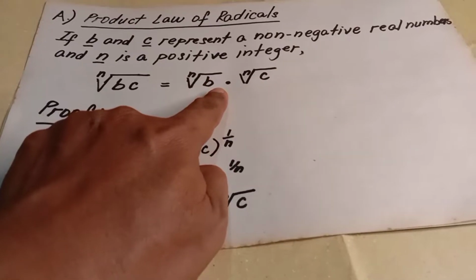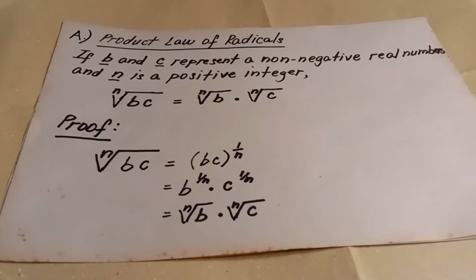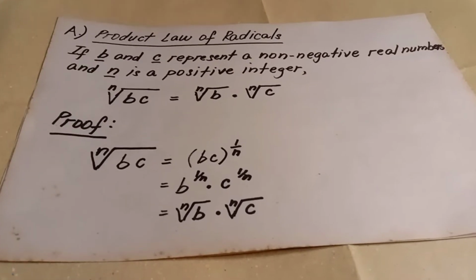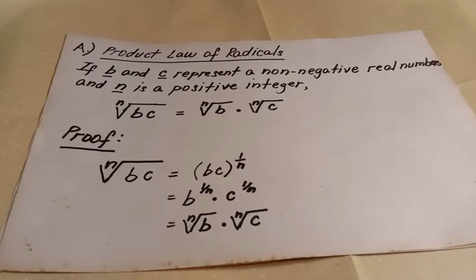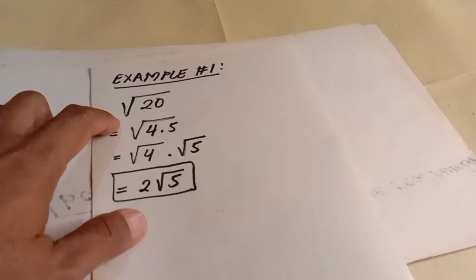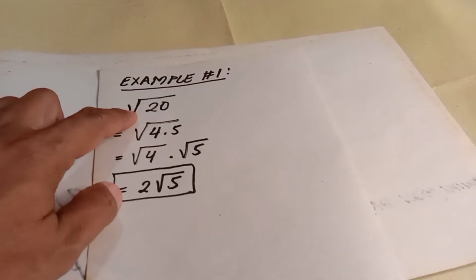shown earlier. So, to understand further, I will give you some more examples regarding the product law of radicals. Okay. Here guys, example number 1. Square root of 20. As you can see here, I wrote the example square root of 20.